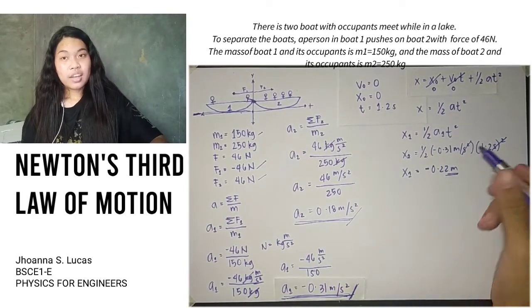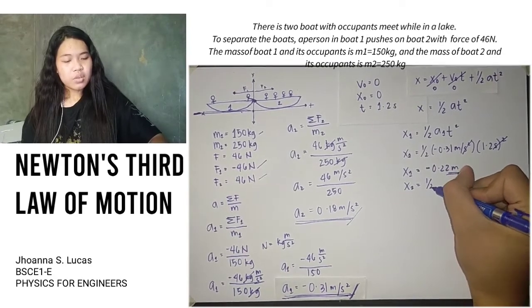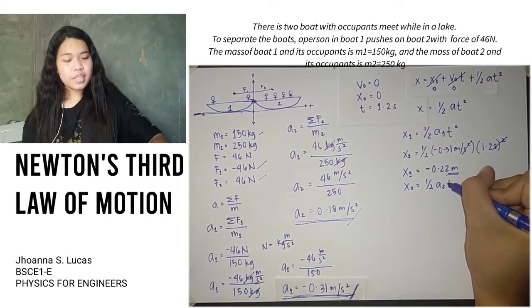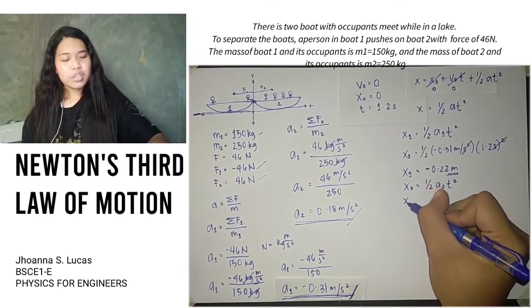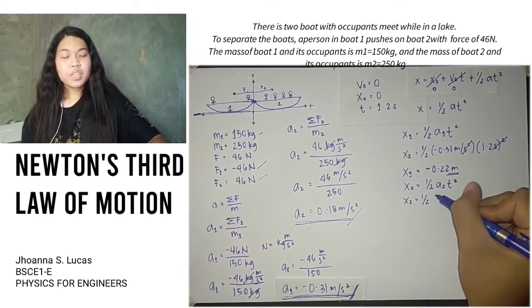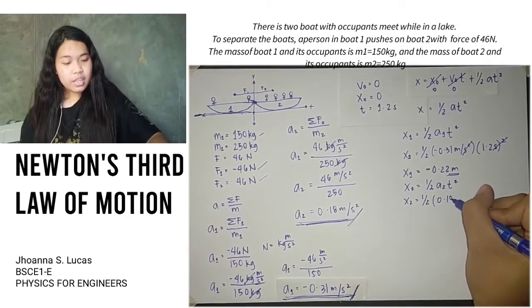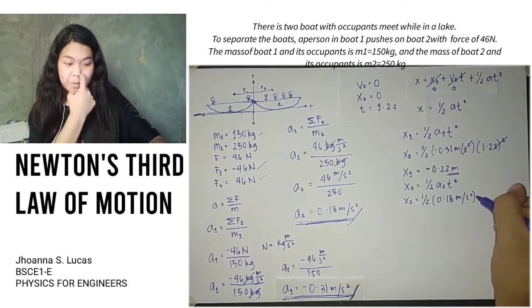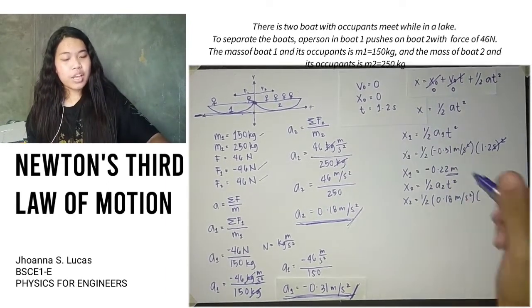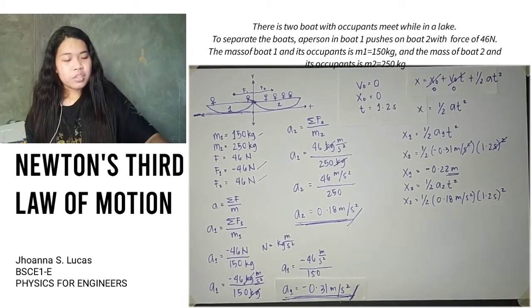So in boat 2, we will use x sub 2 is equal to 1/2 times a sub 2 times t squared. So x sub 2 is equal to 1/2, our a sub 2 is 0.18 meter per second squared, times our time, which is 1.2 seconds squared.